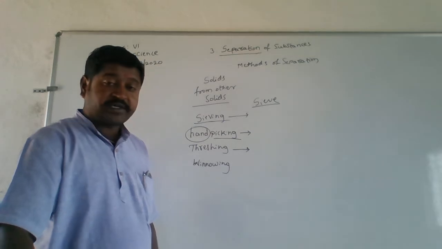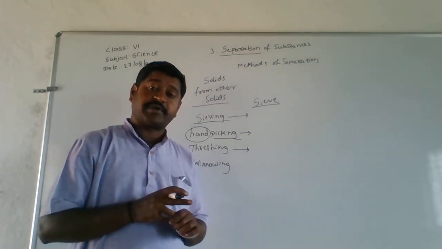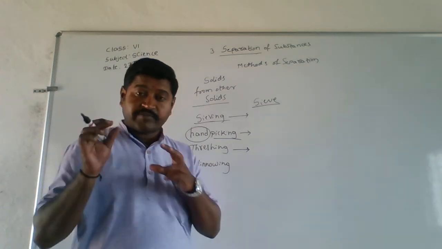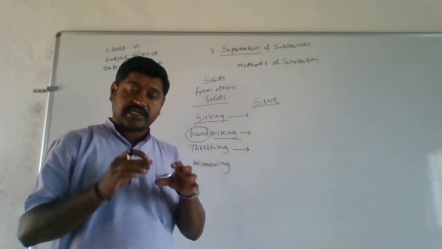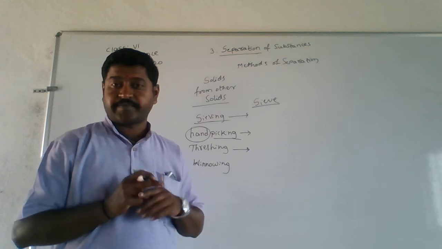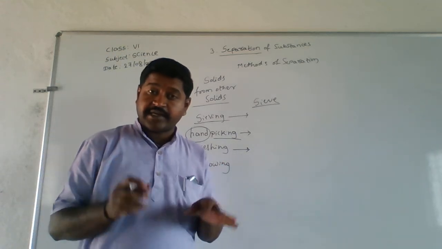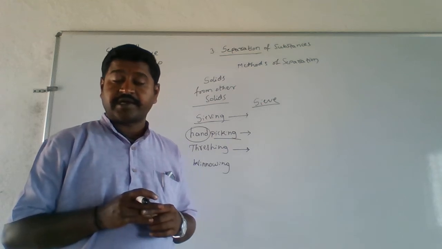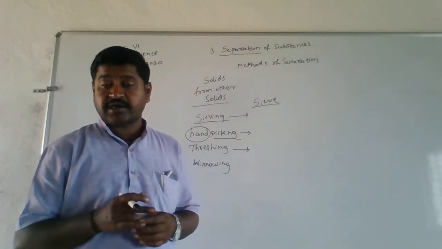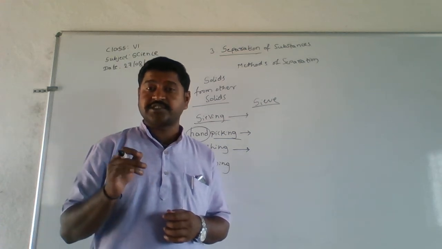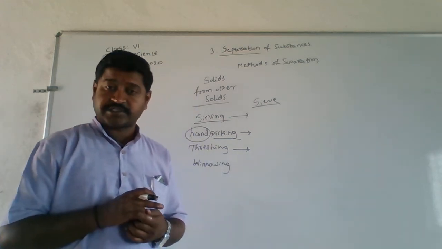So threshing means the separation of grains from their stalks. Whatever grain is there on the stalks gets separated. This separation in threshing can be done by using machines like a thresher, or a combine, which is used for threshing as well as harvesting.